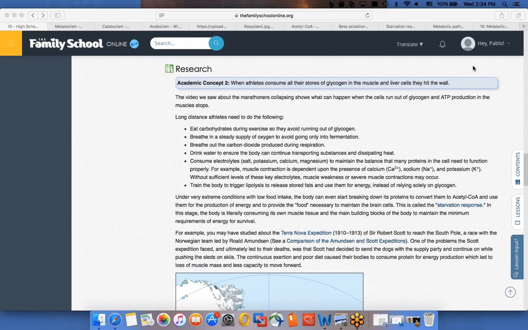They just run out of oxygen and carbohydrates, running out of glycogen. And long distance athletes, or any athletes, should eat lots of carbohydrates during exercise so that they don't run out of glycogen, such as dried fruits, bread, fruits, or yogurt, anything like that.